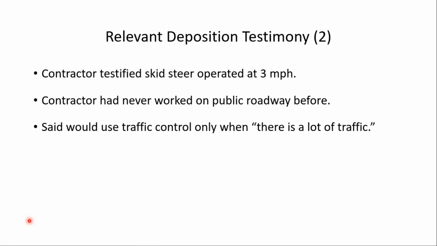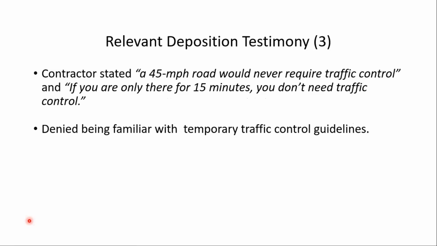That was his testimony. And he stated that, quote, a 45-mile-per-hour road would never require traffic control, and if you are only there for 15 minutes, you don't need traffic control. Those were his words. And he denied being familiar with temporary traffic control guidelines.